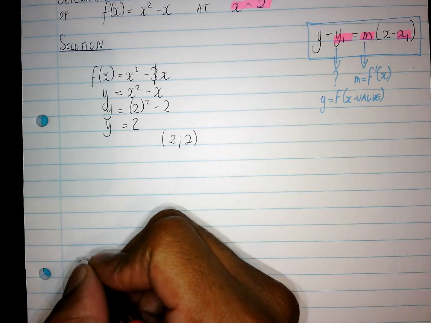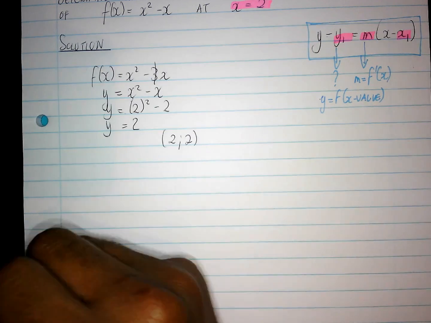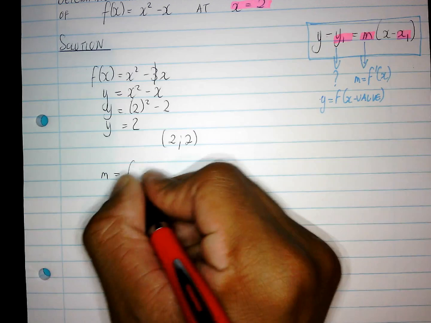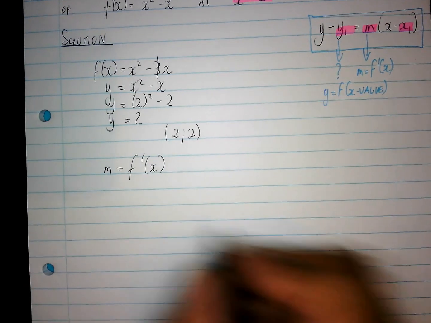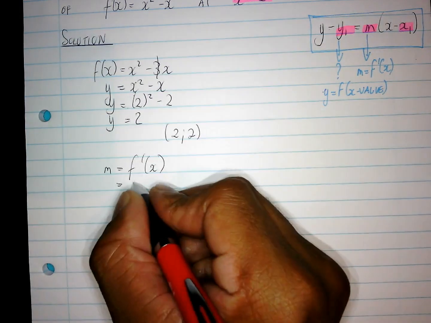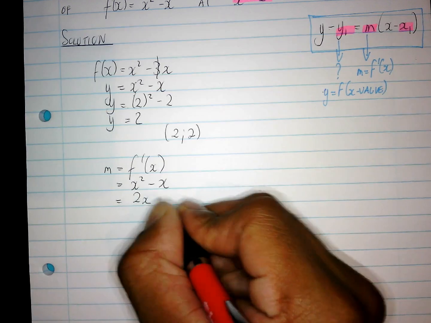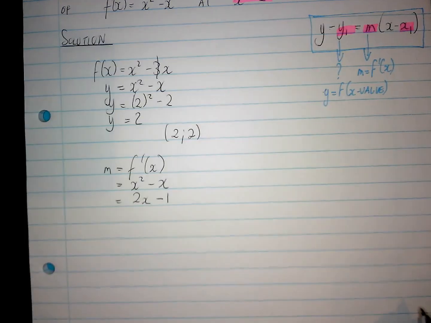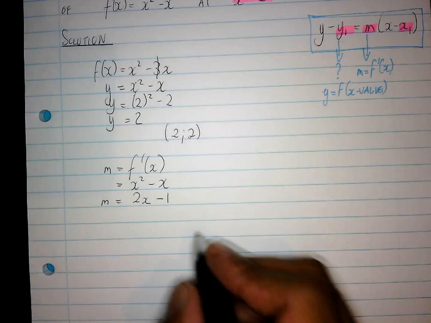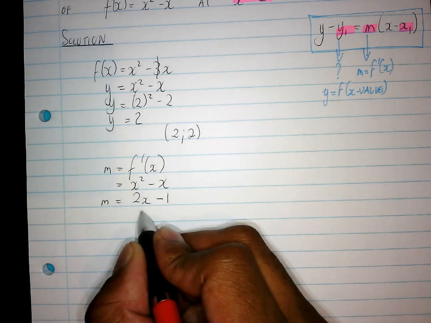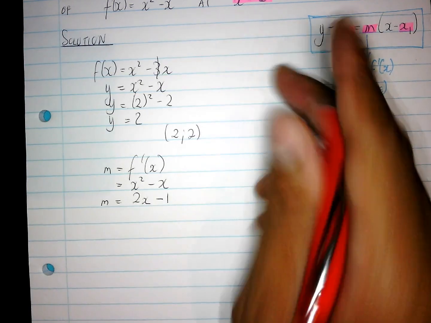Now from here, to find our gradient, it equals the derivative of f with respect to x. The derivative of x squared minus x is 2x minus 1. So now we're just going to substitute the value of x in our equation.